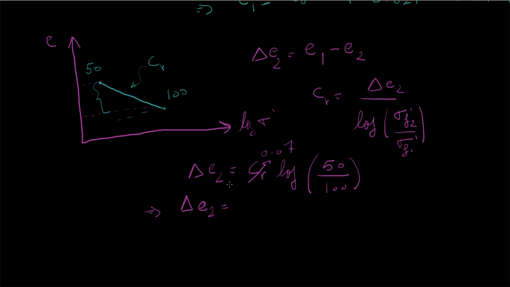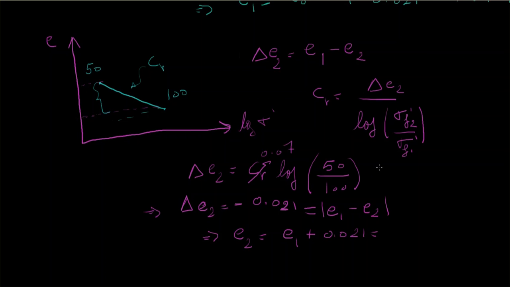Finally, delta E2 equals minus 0.021. Minus means the soil is actually going to expand, which makes sense, right? Because we've reduced the stress. That is equal to E1 minus E2. Therefore, E2 equals E1 plus 0.021.